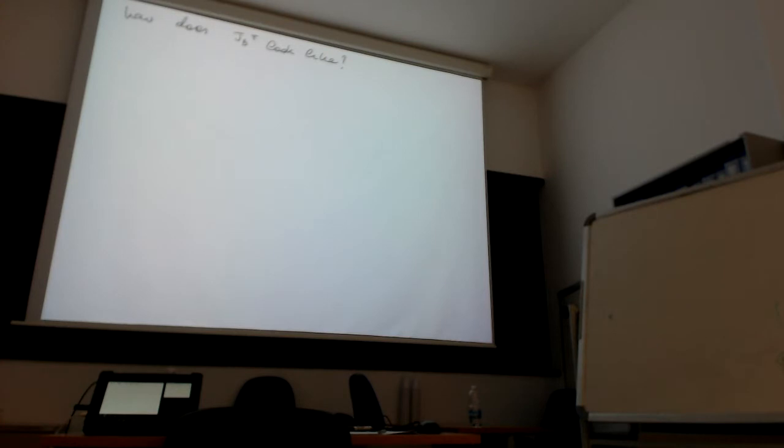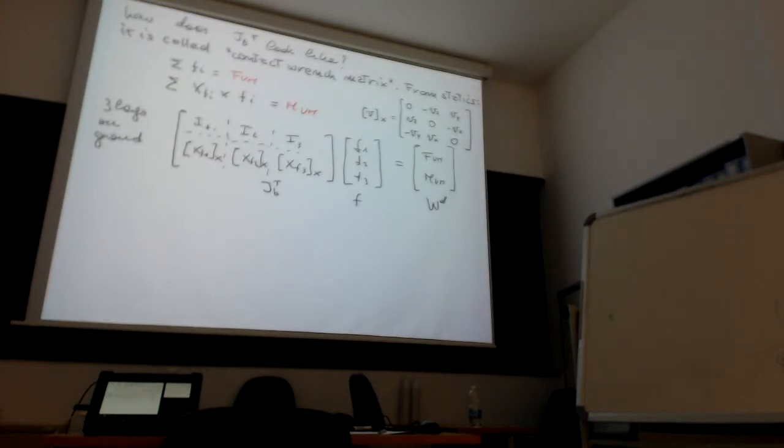But what does J_B transpose look like? This is called the contact wrench matrix, and we can retrieve it by writing the equations for statics, so equilibrium of forces and moments, which should sum up to 0 because there are zero accelerations. Here we use again the skew-symmetric operator to represent the cross product, and we can write the equation this way.